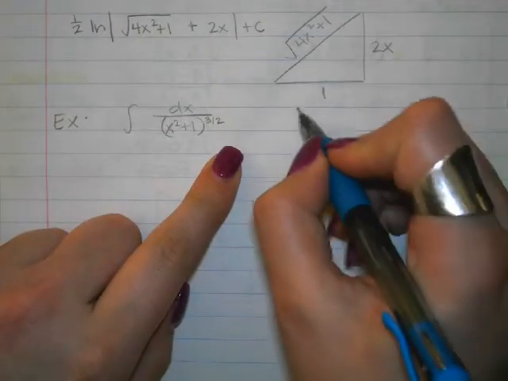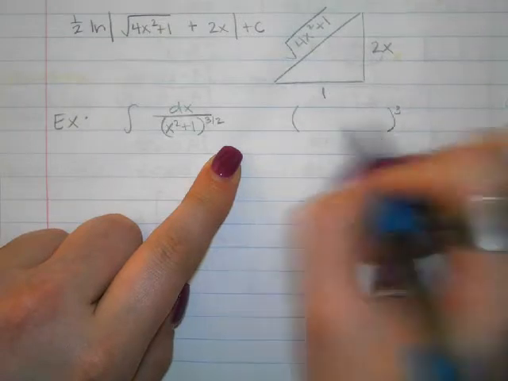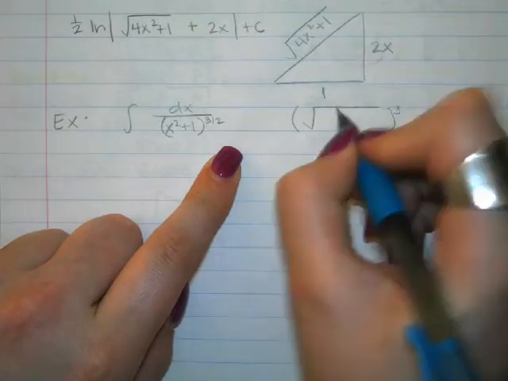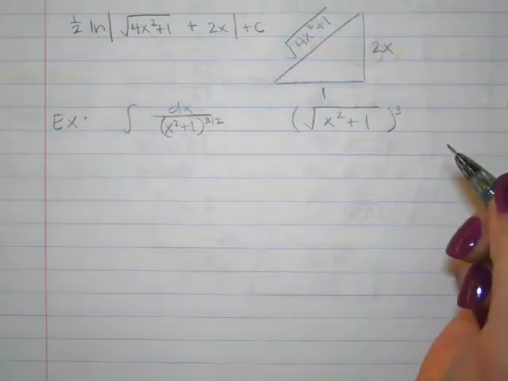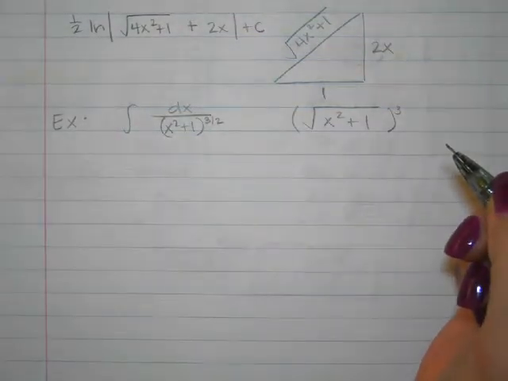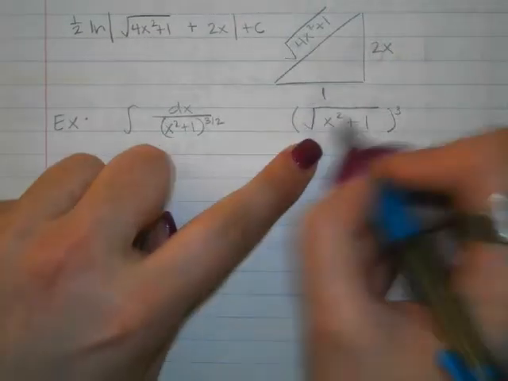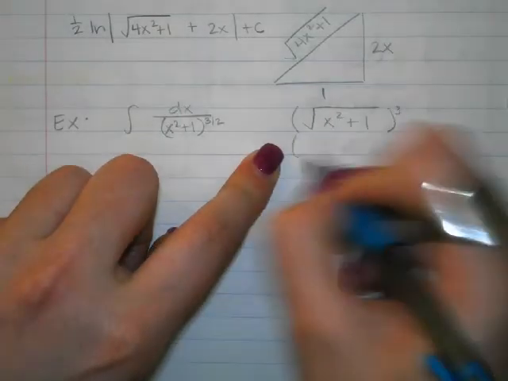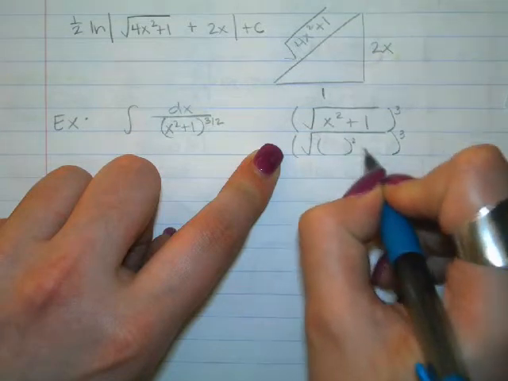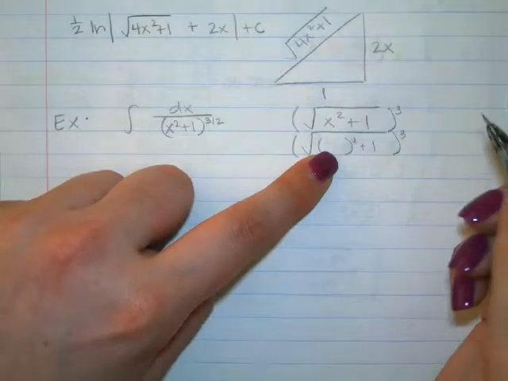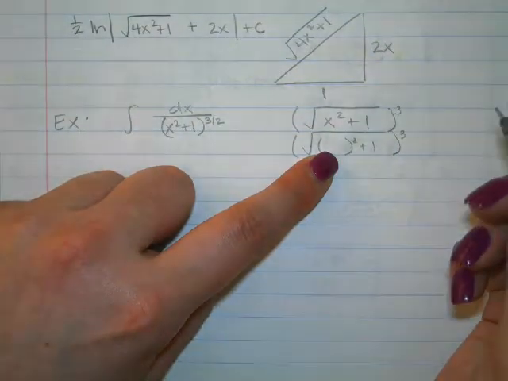All right, so I'm going to say this means the square root of x squared plus 1, cubed. Do we know which one we're using? Yeah, it's the plus 1 again. So it's going to be tan squared plus 1 equals secant squared. All right, so when I replace this one, I'm replacing my x, and what am I replacing my x with? Just tan.